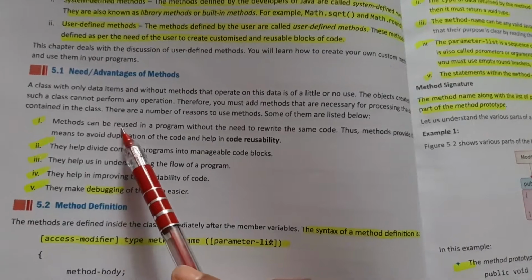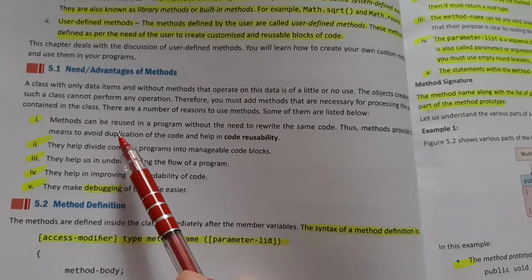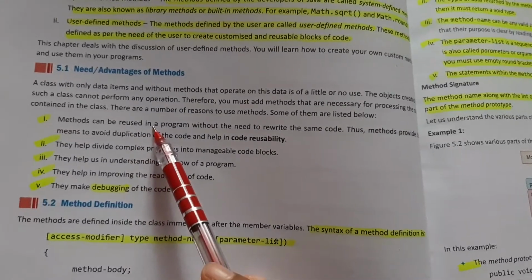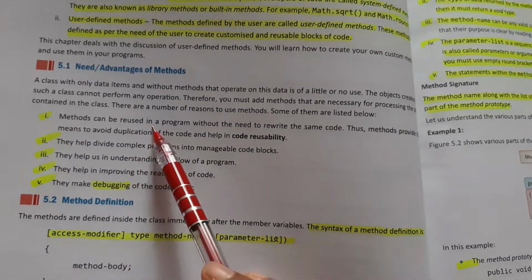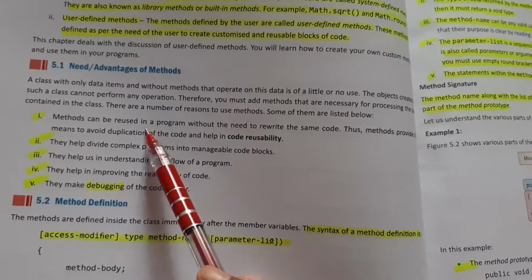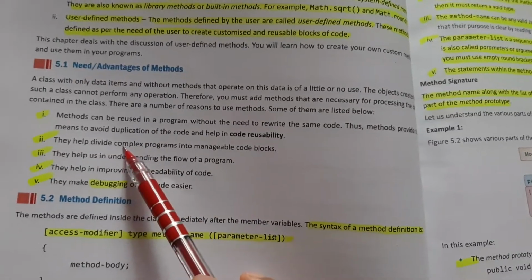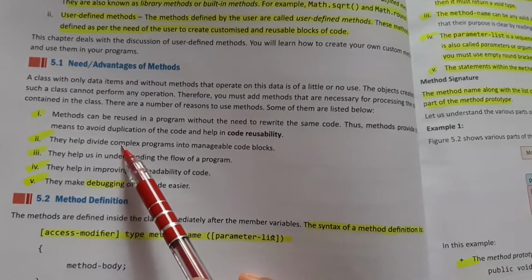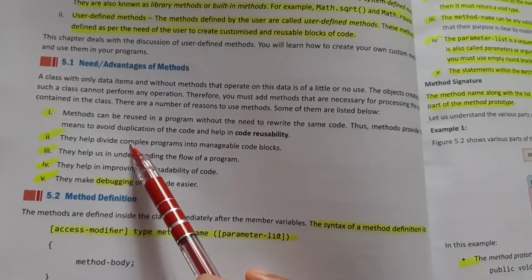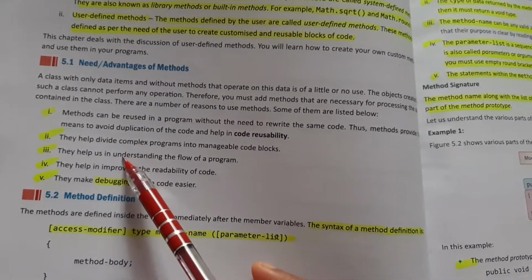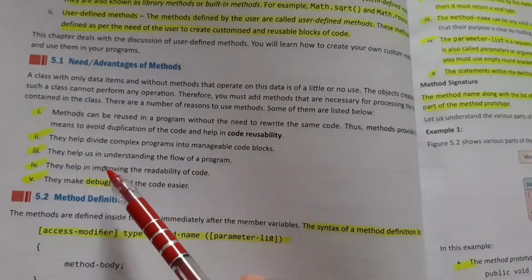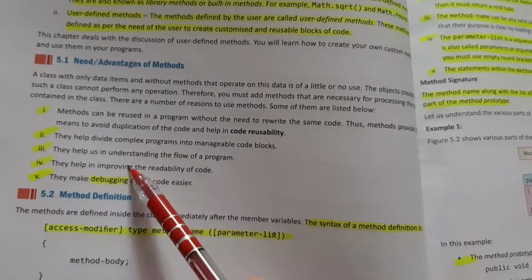Now there are different uses that we have here. Why do we need a method? A method can be used to avoid rewriting the same code. Next, for a complex program, big programs can be divided into small blocks using methods, which is easier to understand. Next, it shows the flow of the program, what has to be done first, then second, then third.